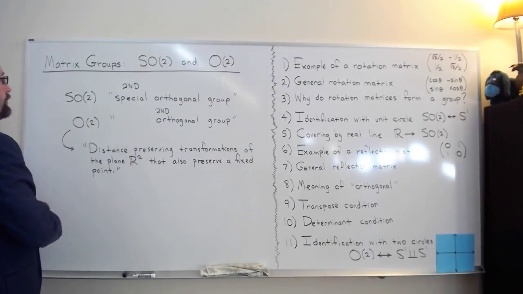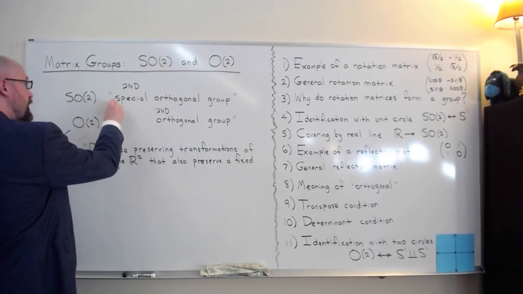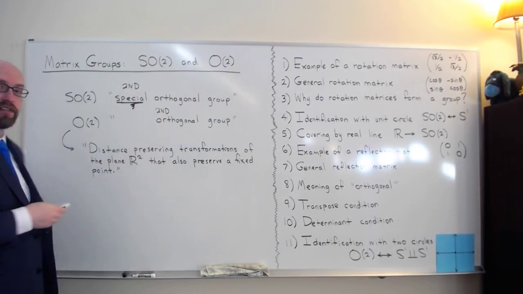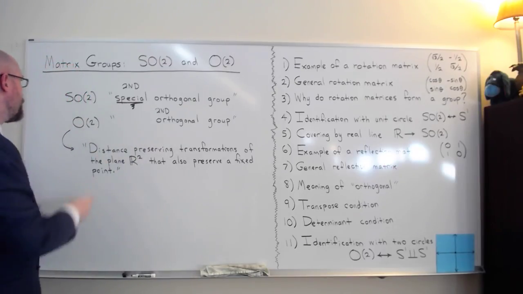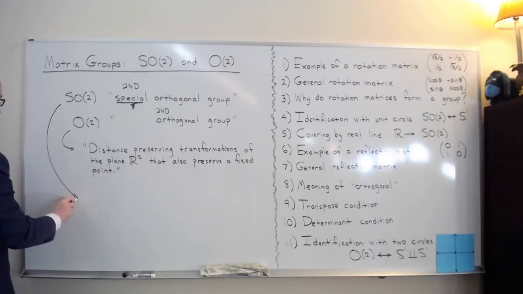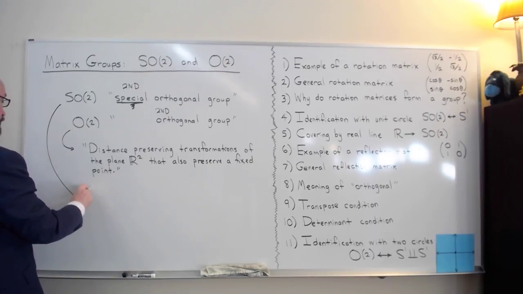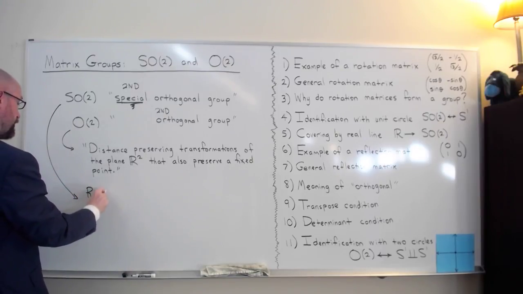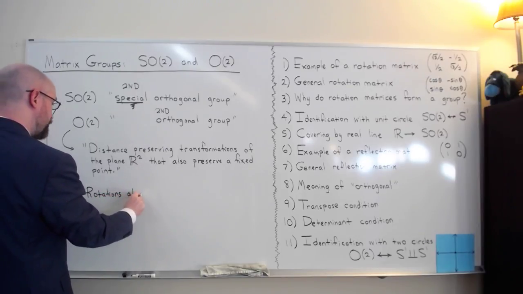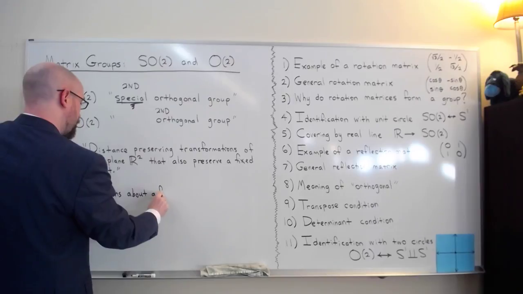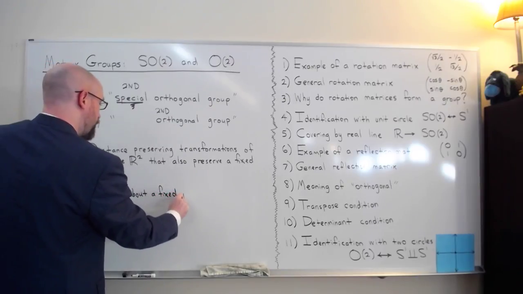What SO2 is, now this is an additional little condition because it says special orthogonal group, not just orthogonal group. And so what this one here does is this is just rotations about a fixed point.